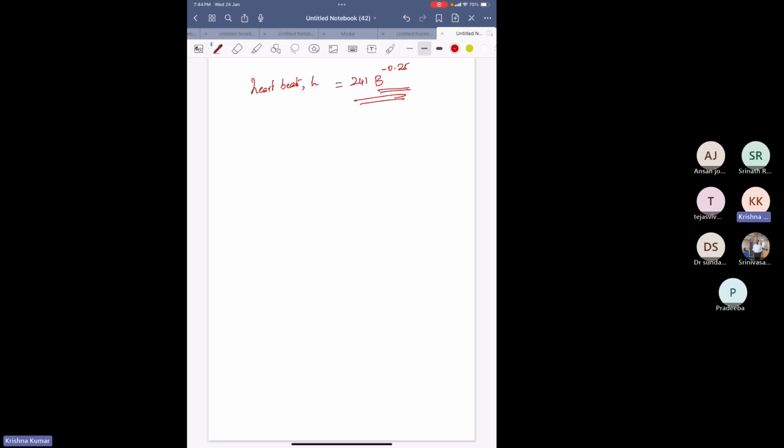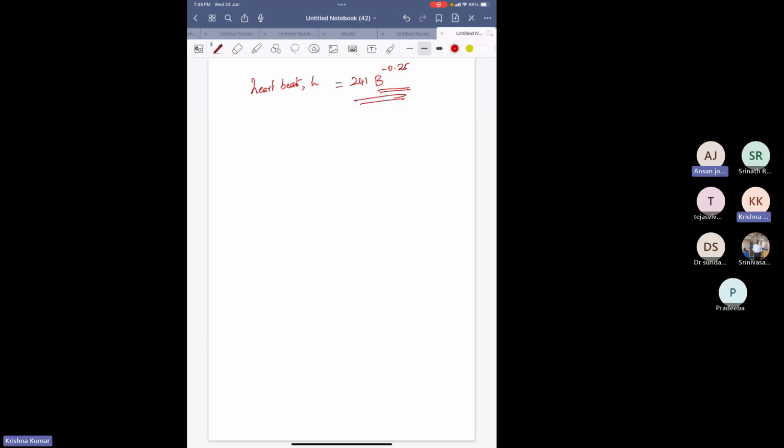So let's say, many of you would have looked at mice, especially cardiologists. So let us see what happens in a mice. Generally, what do you know about the heart rate or frequency for a mice? It's very high, right? Faster.